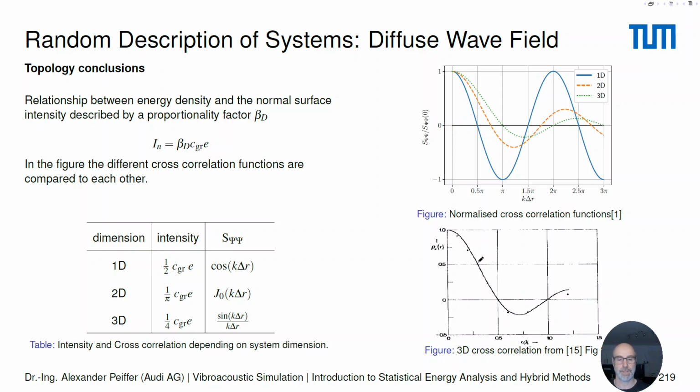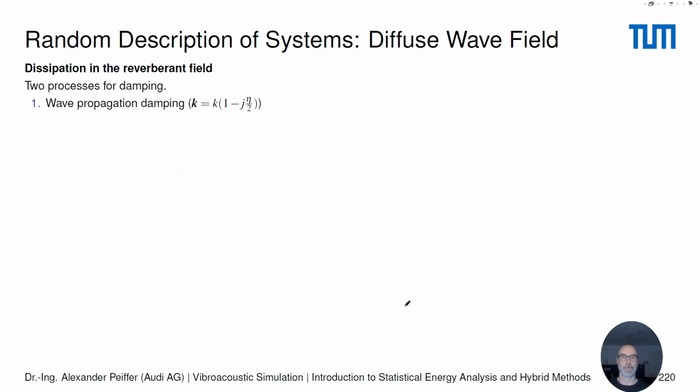If you would, for instance, make a test with 2 microphones in a reverberant chamber and get the correlation results, which is done here from a paper given by literature number 15, you see that this could also be measured. So this is not basic theory, it's really proven in a typical reverberation chamber where you have a practically realized diffuse sound field.